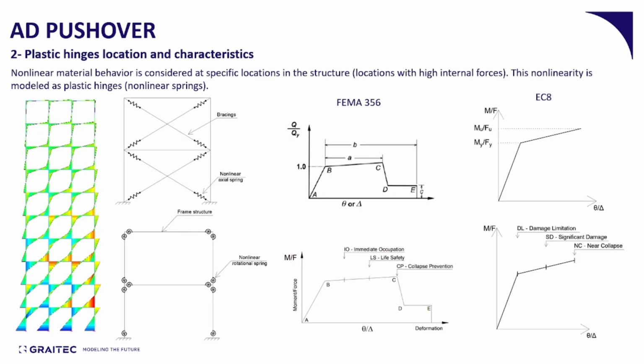Plastic hinges location and characteristics. The idea behind the plastic hinge is to add the material nonlinearity in the pushover analysis. So we assume that the plastic hinge is a spring, either rotational or a normal spring, the axial spring basically.